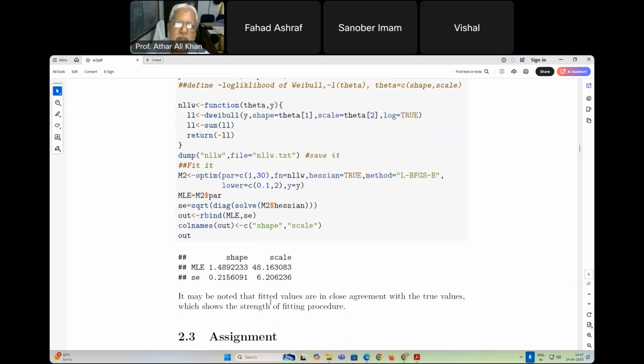It may be noted that the fitted values are in close agreement with the true values, which shows the strength of the fitting procedure, because our simulated value has shape 1.5 and scale 50.